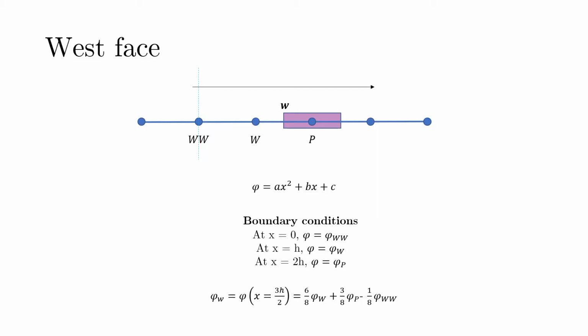Mind you that this particular relation is only true if the velocity is in the positive direction. We will see what happens if the velocity is in the negative direction in a little while. But before that, we also look at how the east face would be obtained. So this expression is for phi at small w, and similarly we want an expression for phi at small e.